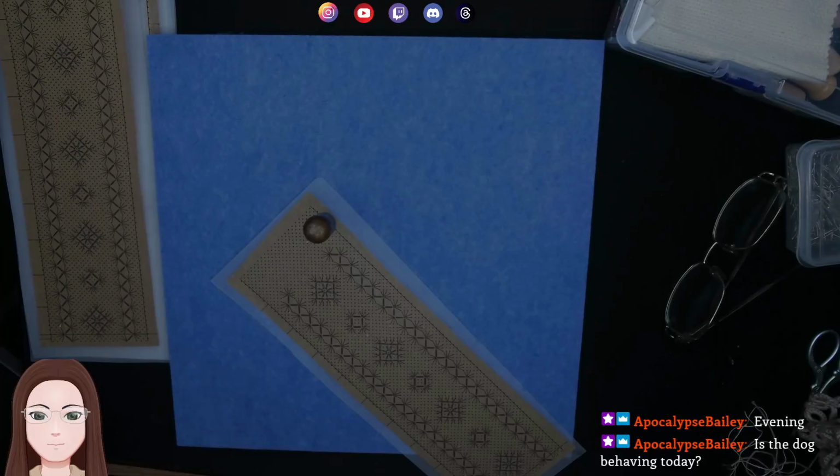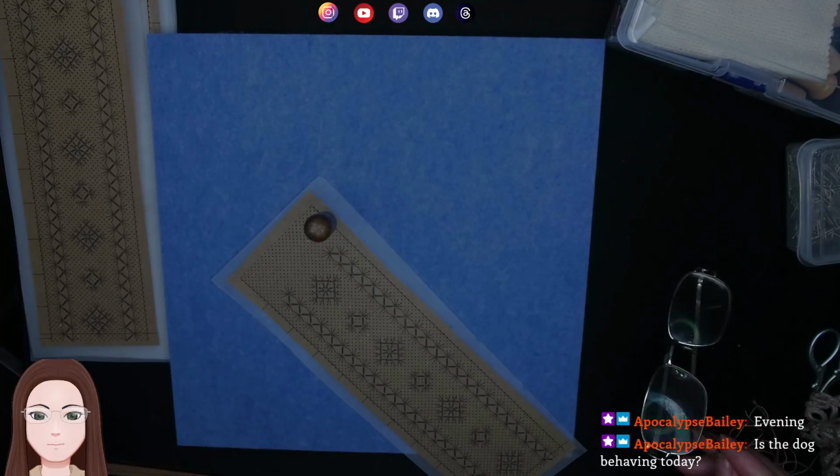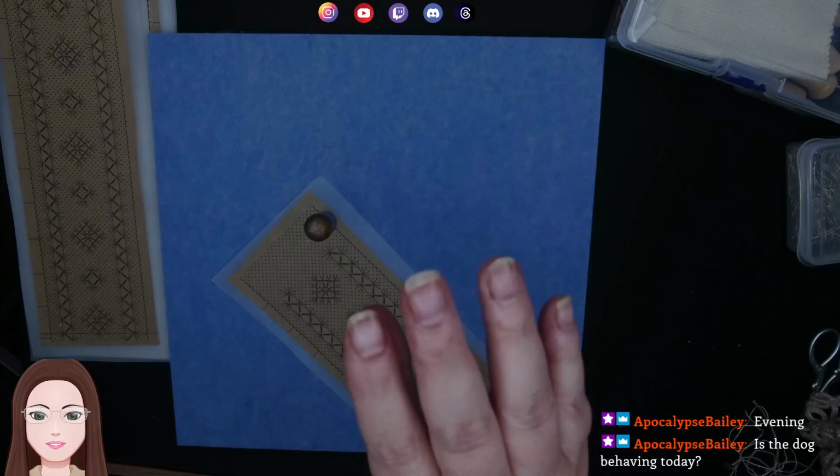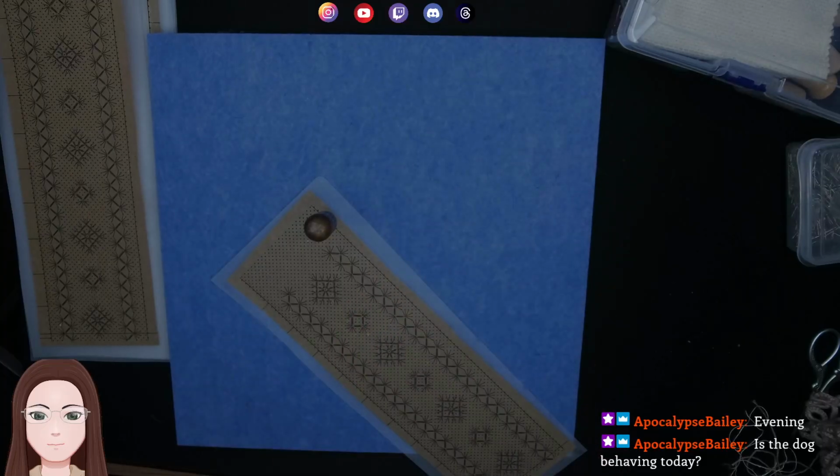Yeah. She stopped biting my finger anyway for the moment. It's a relief after all. I mean, she doesn't bite them hard, but she just kind of holds them.